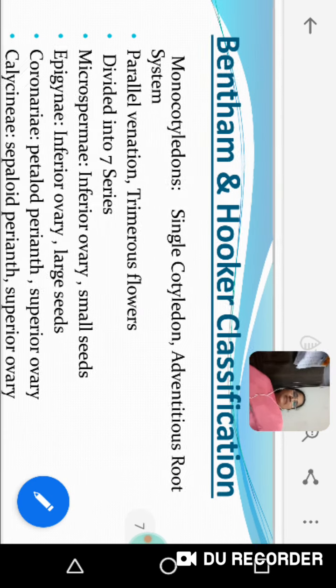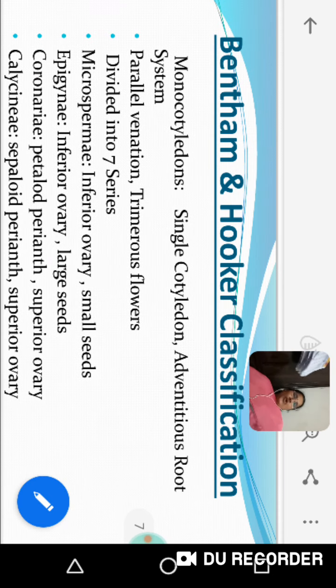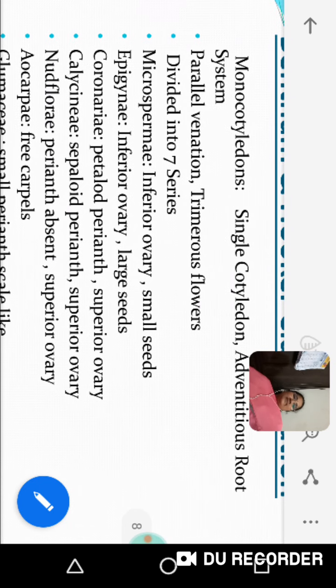And now coming to the last one, the monocotyledons. In the Bentham and Hooker system of classification, you can see the monocotyledons on the extreme right side: Spermatophyta is divided into three classes, namely dicots, gymnosperms and monocots. Monocots is a self-explanatory word. Mono means single, cotyledon.